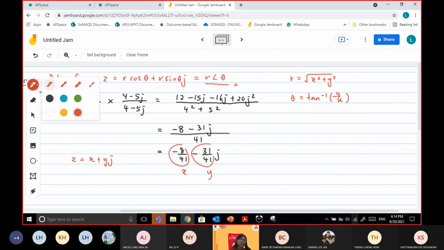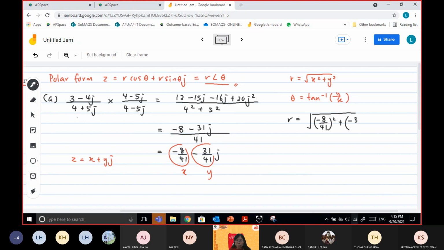Now for r, we need to take x squared plus y squared. Your x is minus 8 over 41, then your y is minus 31 over 41. You square them and find the square root.